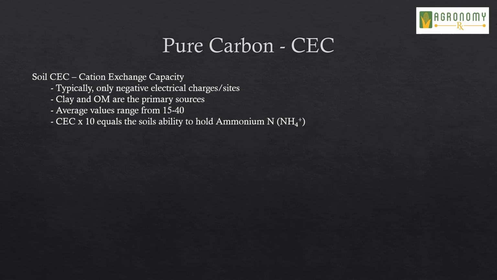That would tell us that we could hold 200 pounds of ammonium N. It does not mean that we can hold 200 pounds of nitrate. It does not mean that we can hold 200 pounds of urea. It only means that we can hold 200 pounds of ammonium N in a 20 CEC soil. So our soil is limited in its ability to hold things.